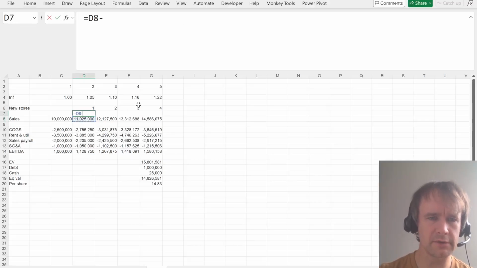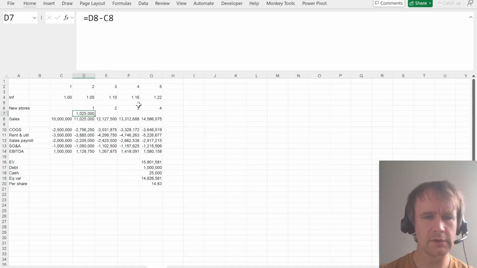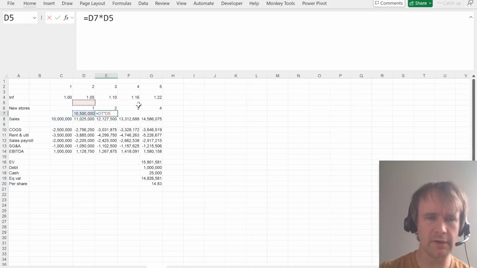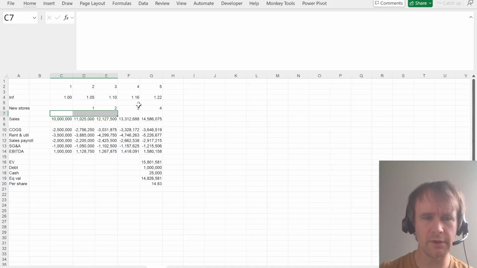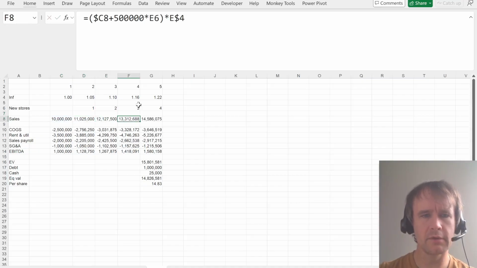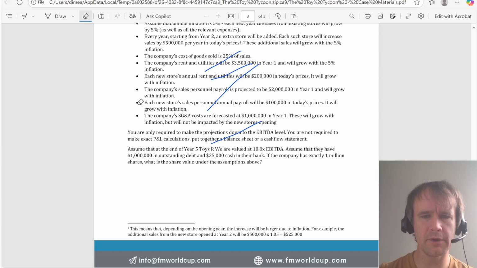So this minus this is that, minus 525 is the 5% growth. Yes, that all looks good. Or equally, you could say this plus 500, and then that times that. Yeah, it's still looking right. It's really looking pretty good to me.